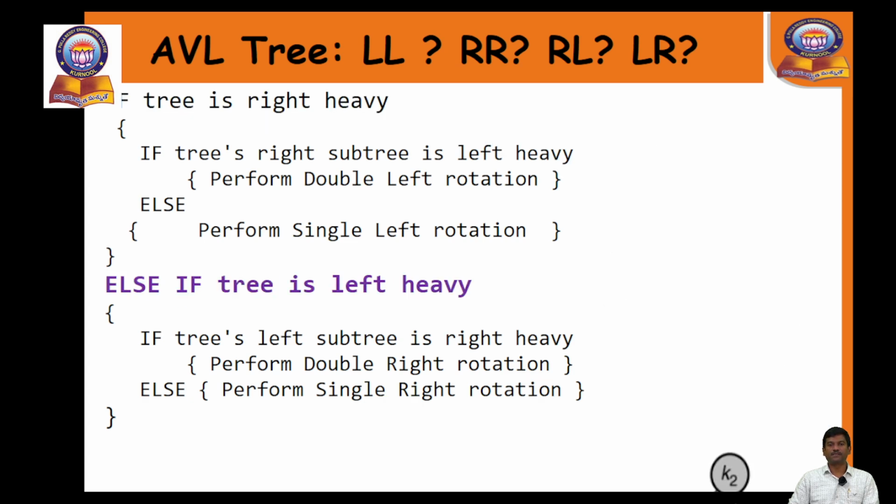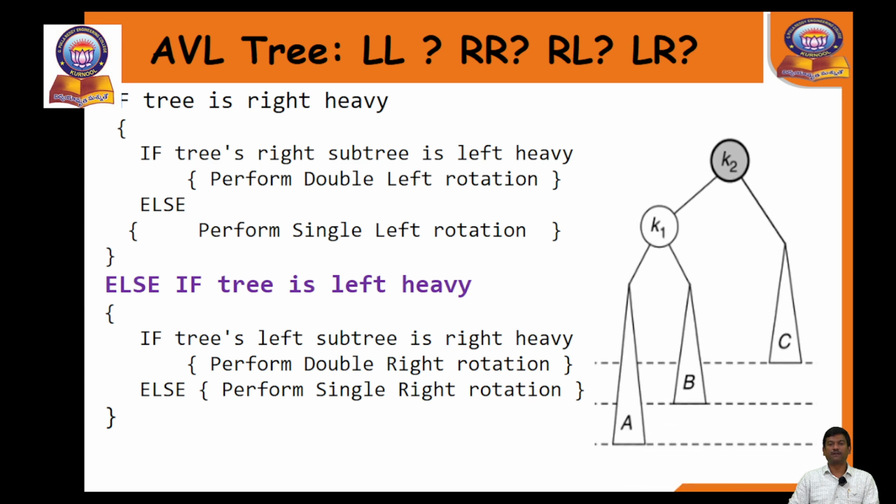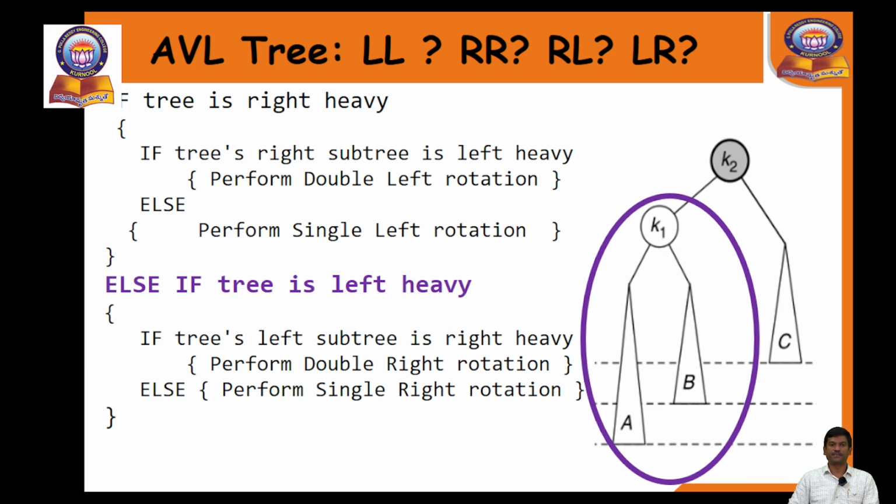And when you consider this scenario where left is heavy, according to this tree diagram you can observe left is heavy, that is, there is one more level as compared with the right subtree. So left is heavy. Then in such cases, the else if will be the true condition.